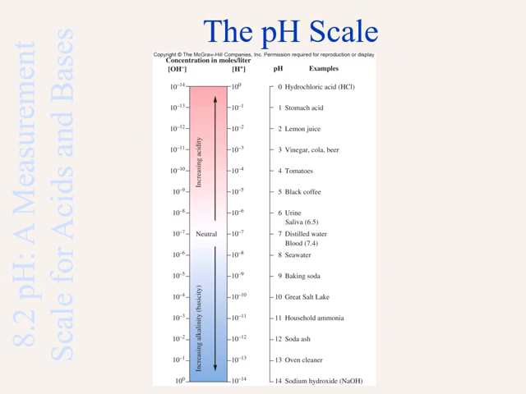So here is a pH scale of different solutions. Notice that neutral water right in the center is given a pH of 7. Blood has a pH of 7.4. Saliva is fairly acidic with a pH of 6.5.